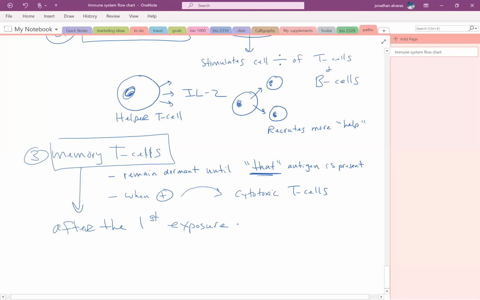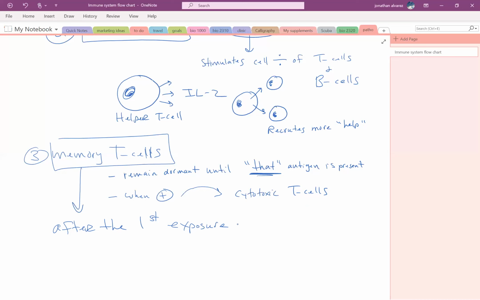Let's say you've never seen virus number 1. Okay. So fine. Virus number 1 comes in and you're symptomatic and your immune system is fighting and all that stuff. And eventually you get over it and eventually you create these memory T cells.